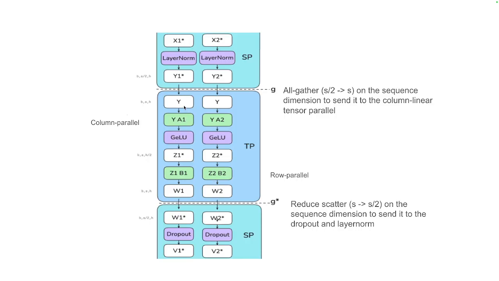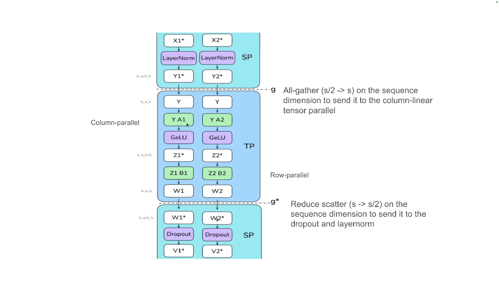Suppose you have this matrix, and you first do a broadcast, as we do in column parallel. The first communication is a broadcast. You have two data points in two GPUs. These two streamlines mean you are working with two GPUs.